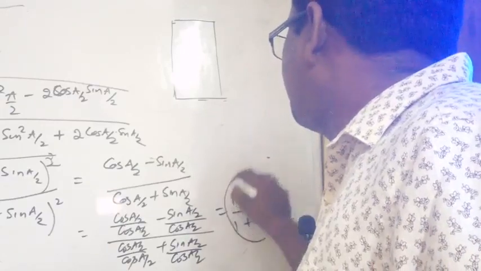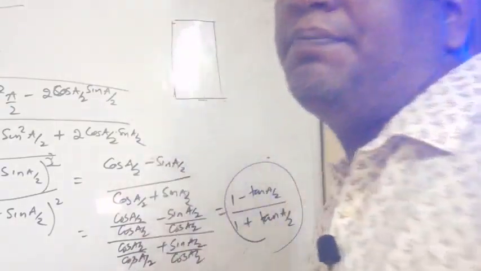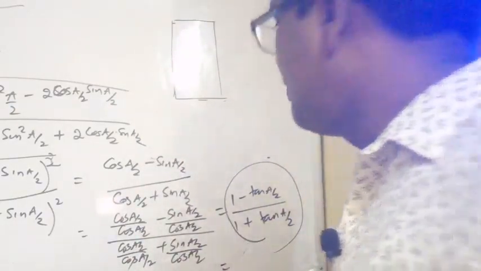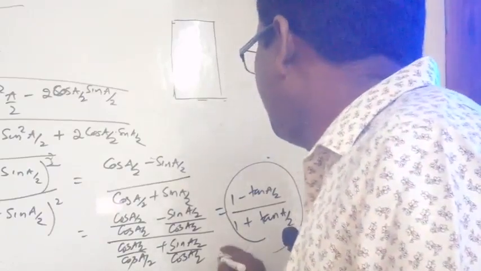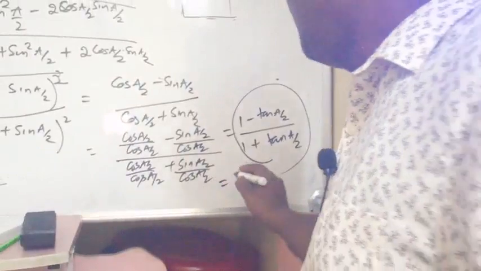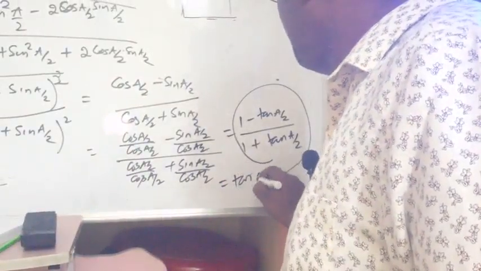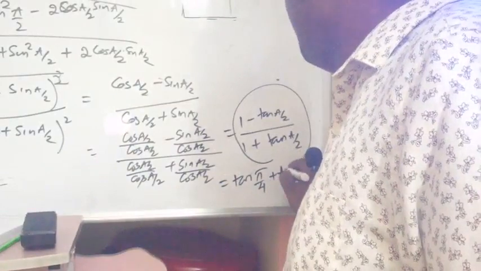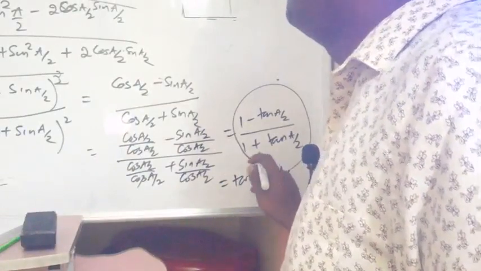This formula is for tan of 45 plus a by 2. So this is equal to tan of 45, which means pi by 4, minus a by 2.